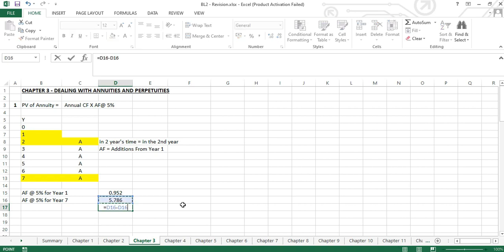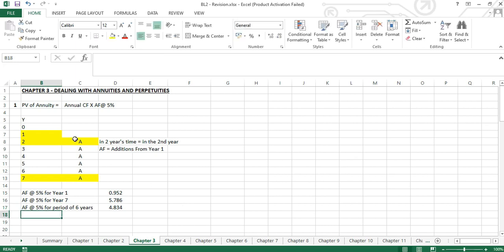Then the difference is 4.834, which is the annuity factor at 5% for a period of 6 years, because it is for this gap's present value, which can be used to find the present value.